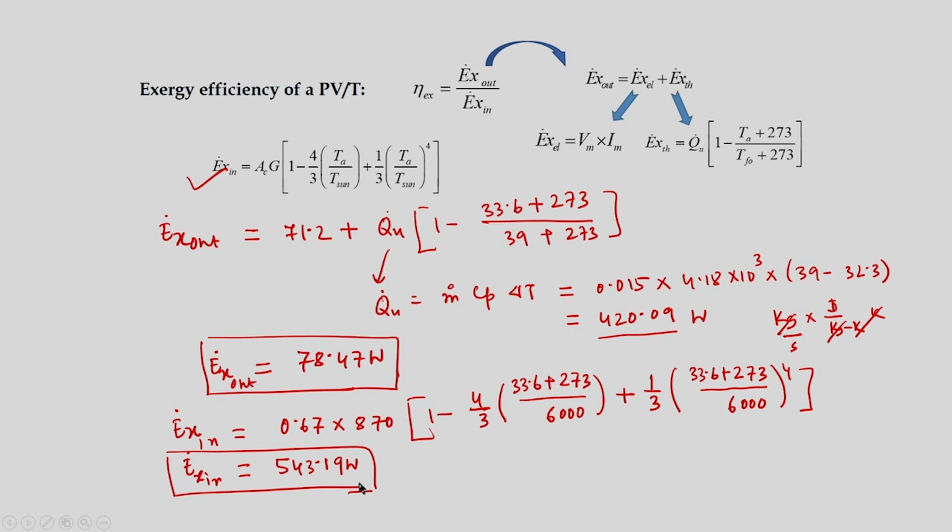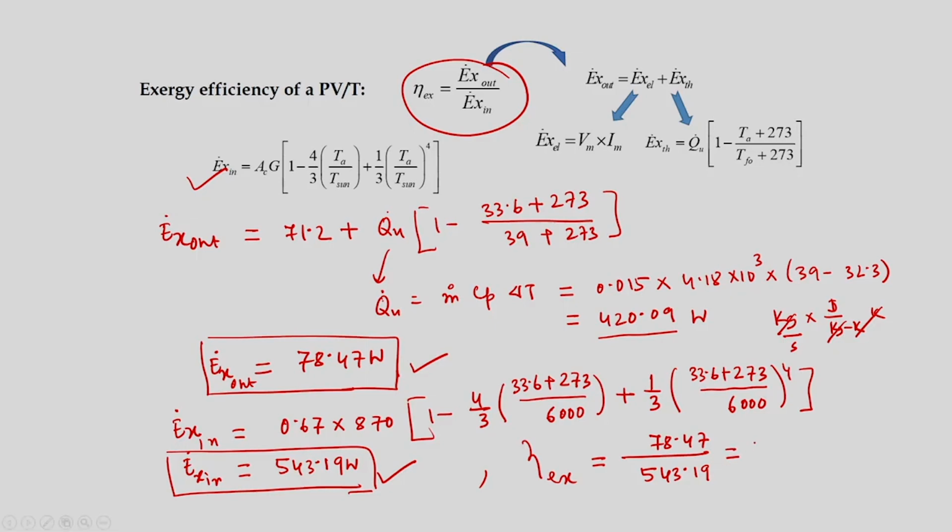right. So, now what we will do, we will substitute this value and this value in this equation. Okay. So, the exergy efficiency will be the exergy output, 78.47, and the input, 543.19. Okay.